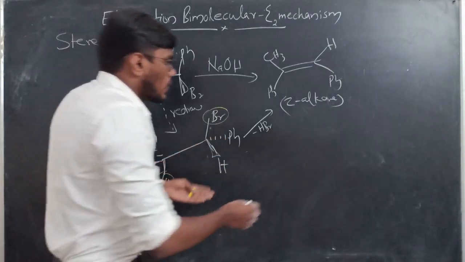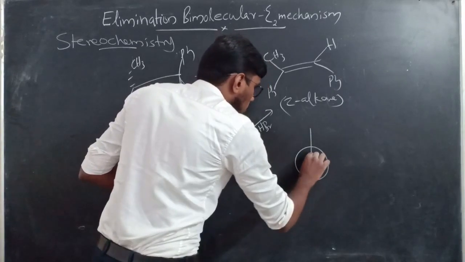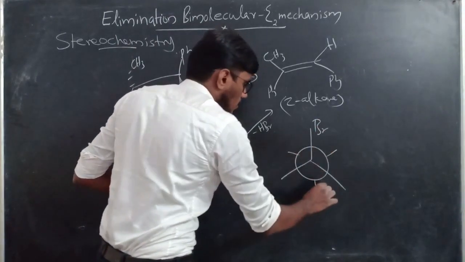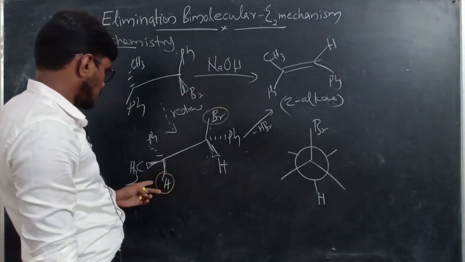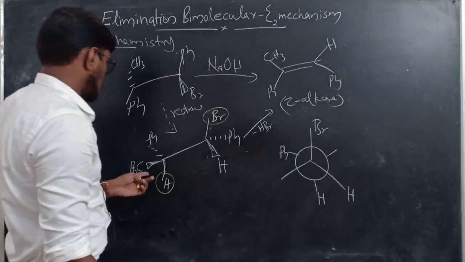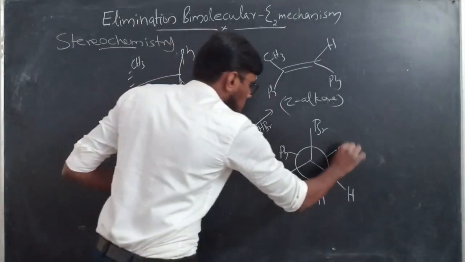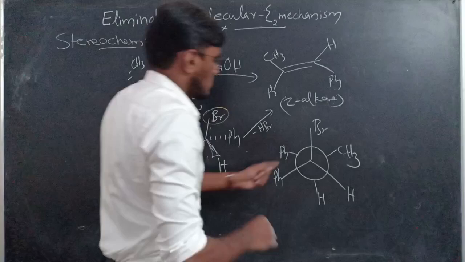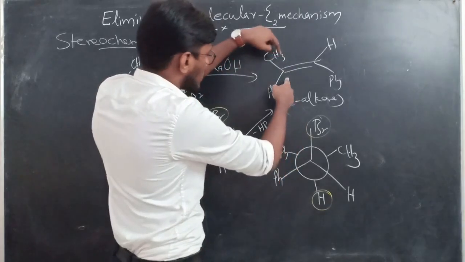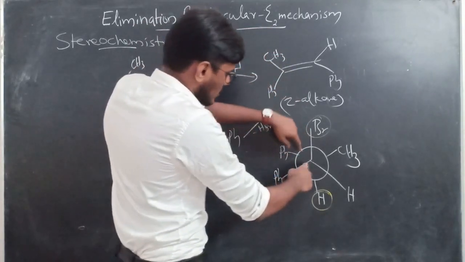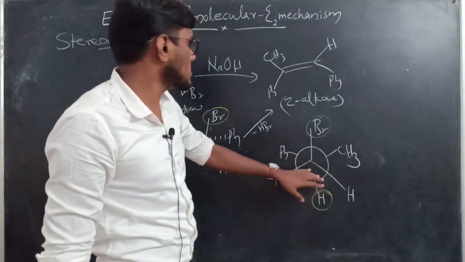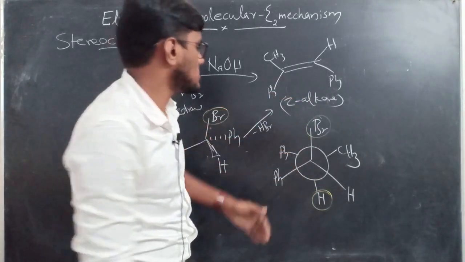And we can draw the Newman projection of this compound like this. Here Br opposite H, and here Ph opposite H, and here Ph opposite CH3. This on elimination of HBr gives you this product like this. That means a Z alkene, a double bond with the Ph on the same side, and H and CH3 on the other side. This will be the product here, Z alkene.